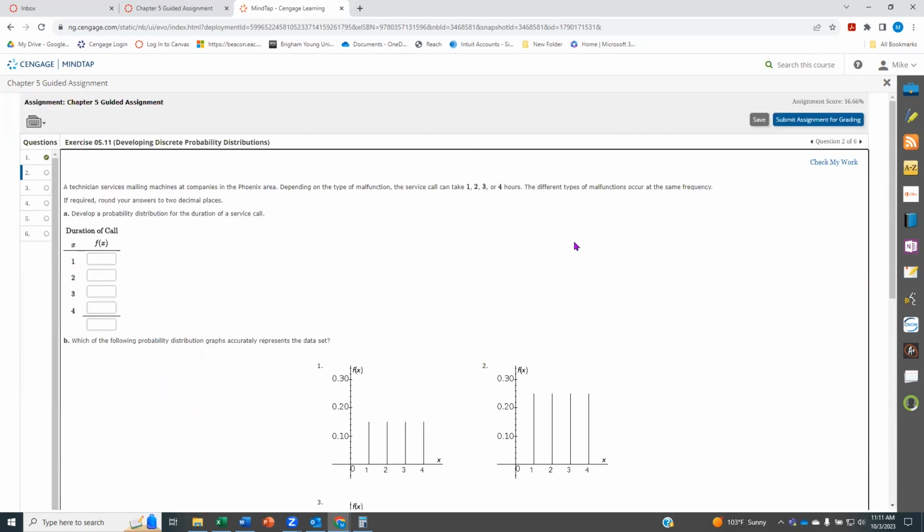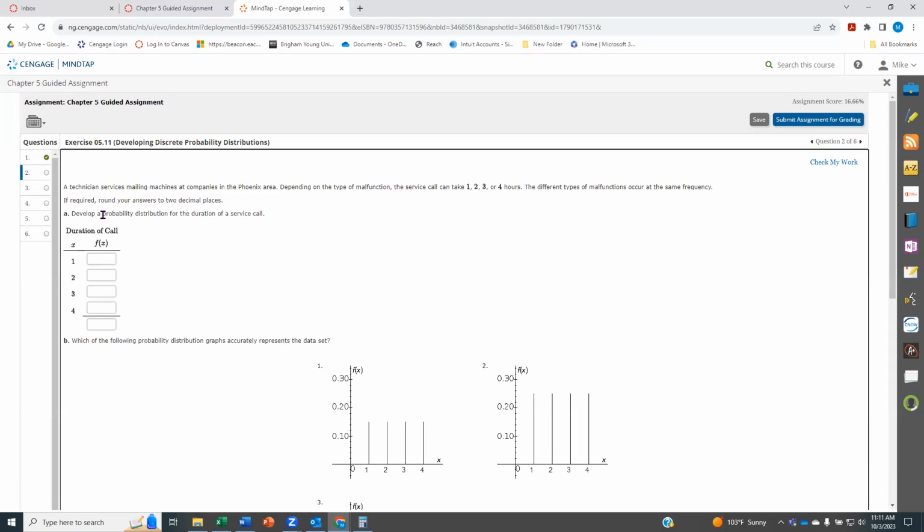All right. A technician services mailing machines at companies in the Phoenix area. Depending on the type of malfunction, the service call can take 1, 2, 3, or 4 hours. The different types of malfunctions occur at the same frequency. So that tells us that there's not a higher likelihood of it being a 1-hour service call or a 4-hour service call, that they all have the same frequency.